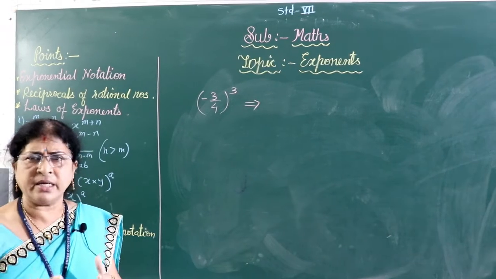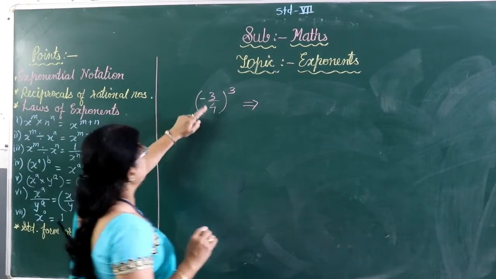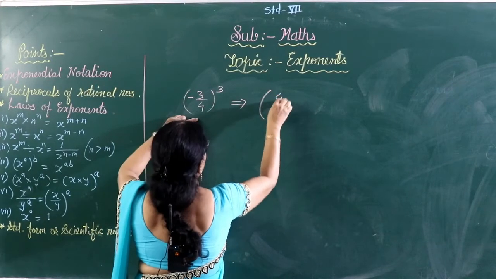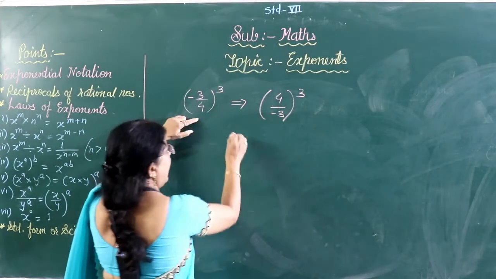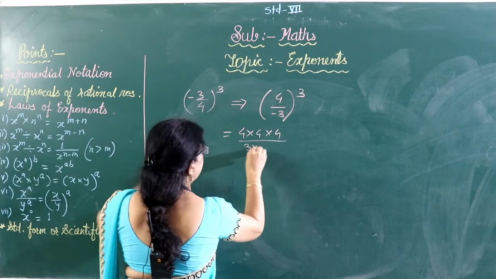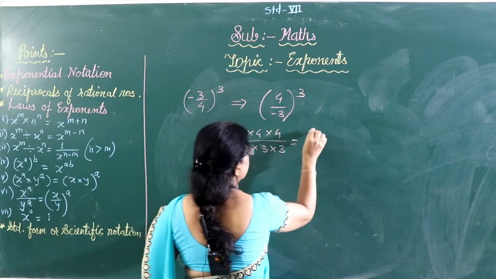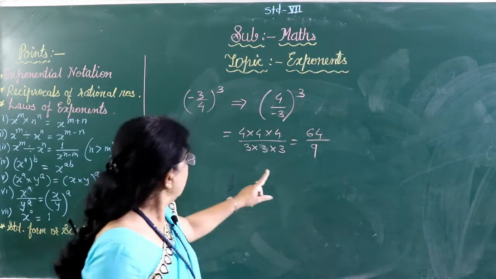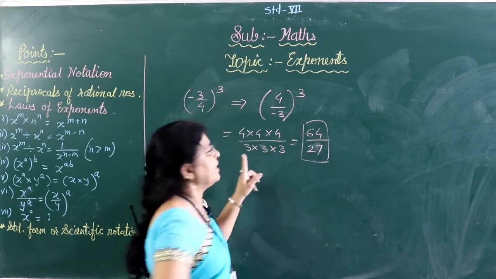The simple method is to shift the numerator to the denominator and the denominator to the numerator. So the inverse of this will be 4 upon minus 3. Directly you can do it, raised to the power 3, and then find 4 into 4 into 4 upon 3 into 3 into 3 and get the solution. 4 4s are 16, 16 4s are 64 upon... not 9, 3 3s are 9, 9 3s are 27. In this way you can get the solution.